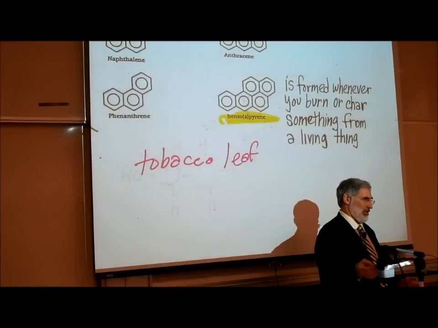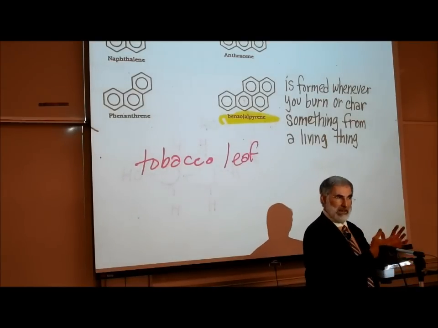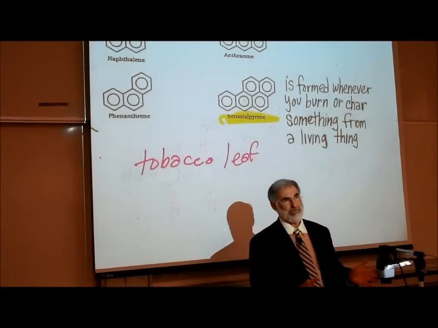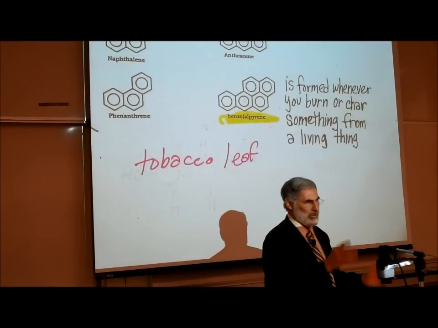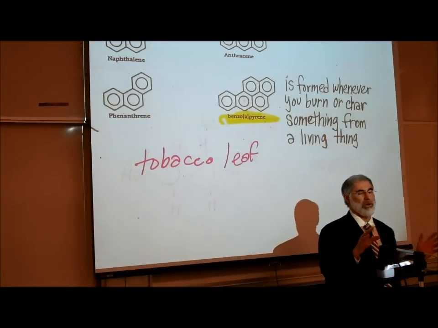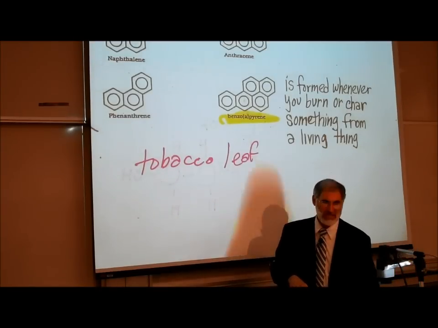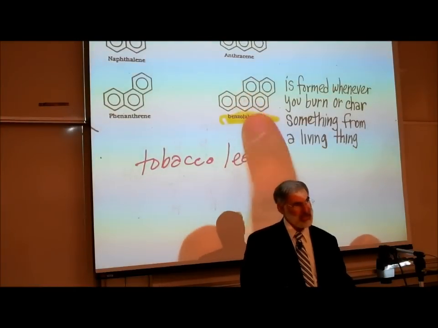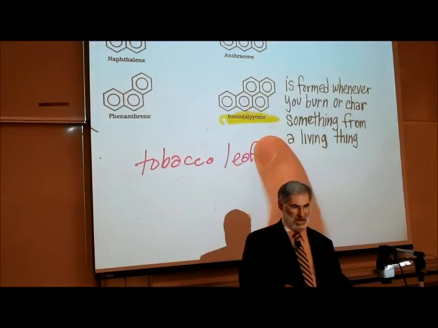When you burn or char anything from a living thing, like a leaf, you'd say, could it be an animal? I'll come to an animal. Yes. Anything that was alive. When you burn or char it, it forms some of these cancer-causing chemicals, especially benzopyrene.